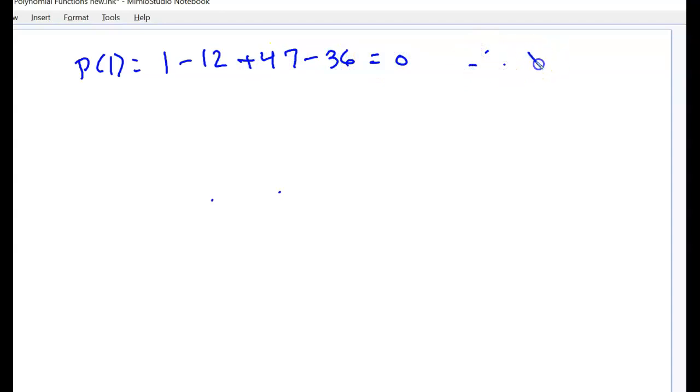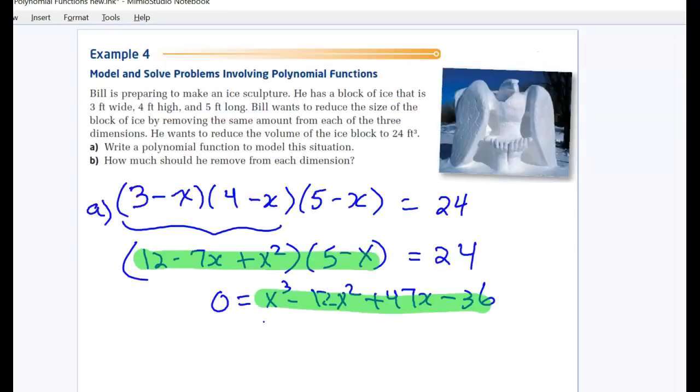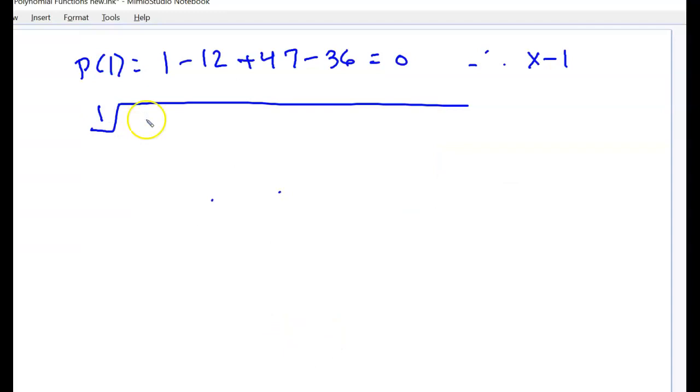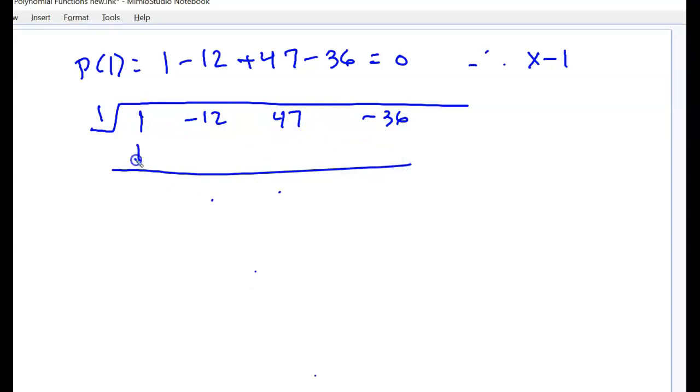So therefore, x minus 1 is my first factor. So if I do my synthetic division, going from my polynomial, I have 1, negative 12, 47, and negative 36. The 1 drops down.